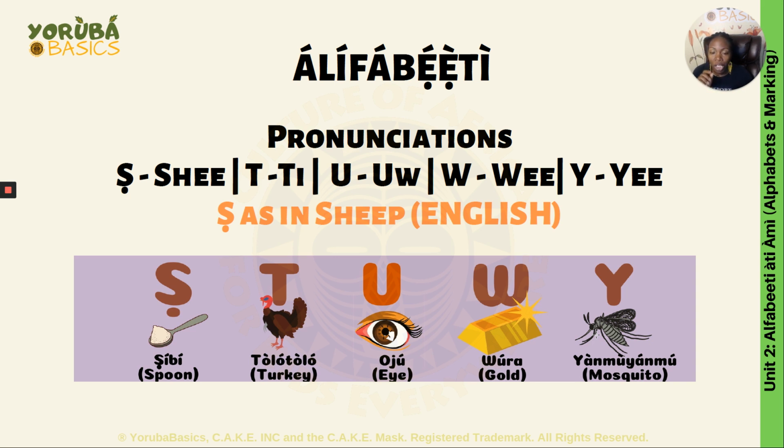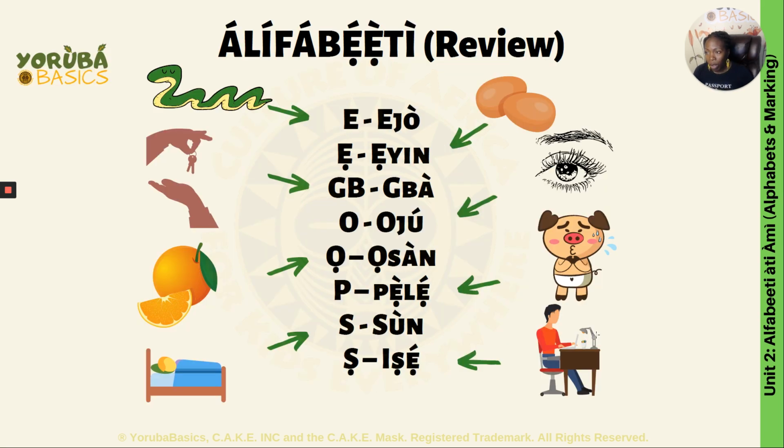So sh as in shibi, t as in tolotolo. U as in oju. We as in wura, and then yi as in yomu yomu. Okay, so ti u wi yi. Okay, so those are all the alphabets of Yoruba.